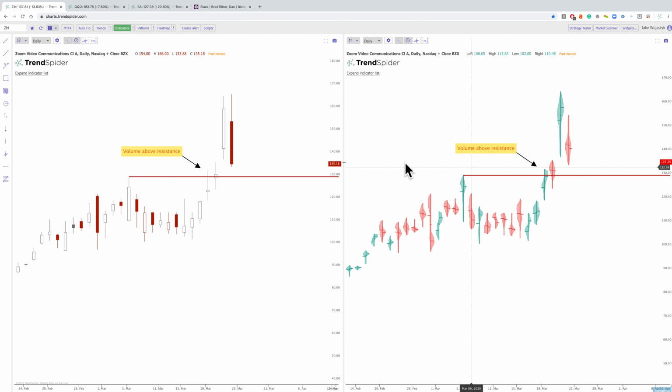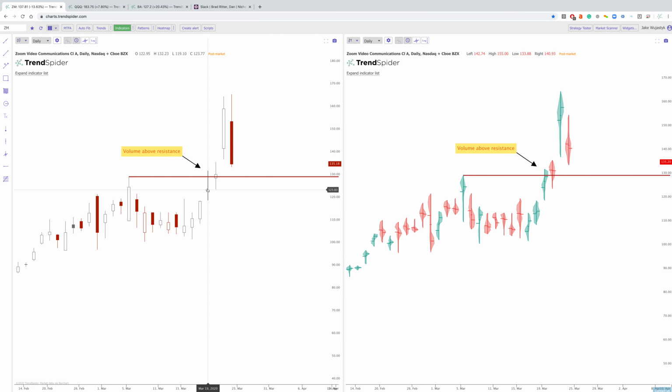And you can see here on Zoom, this is a really cool case study that's gone on in the last few days. What you can see here is we've got the hollow candle on the left, we've got the raindrop on the right, and you can see on March 19th, we closed at 123.59 or the high 123s.